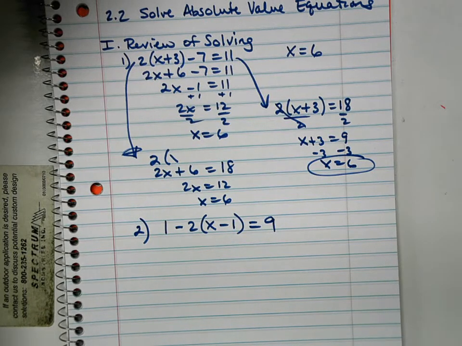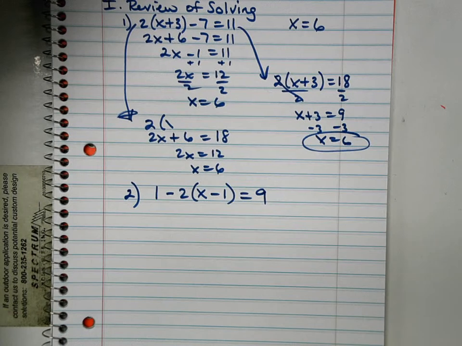And then go ahead and share with the person next to you. Do you guys agree on your answer? Do you get different answers? This one, there's an easy spot to make a mistake.